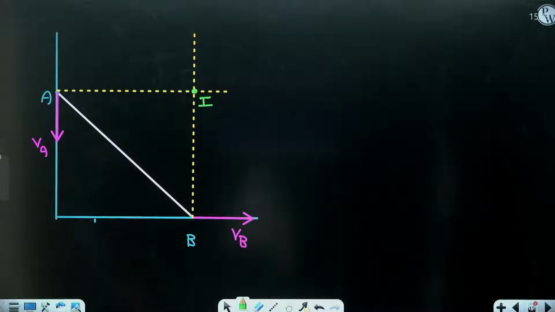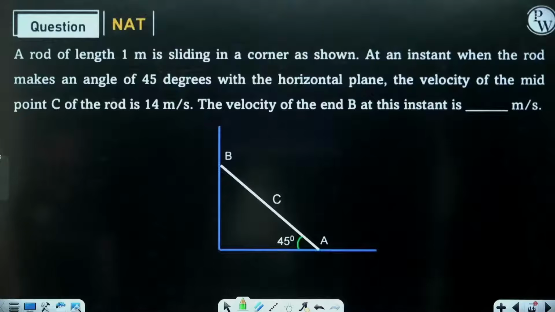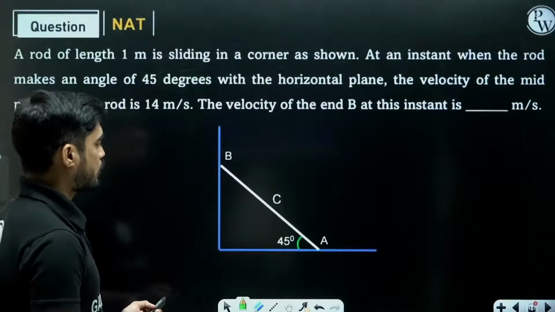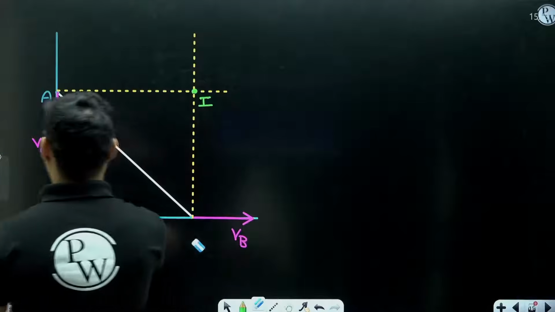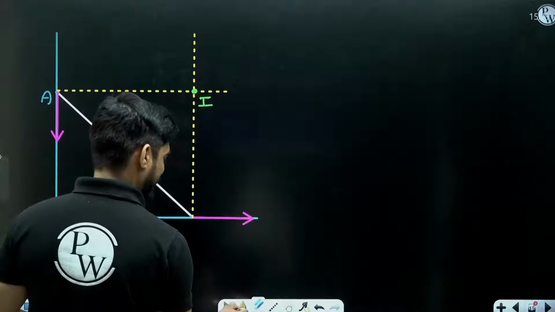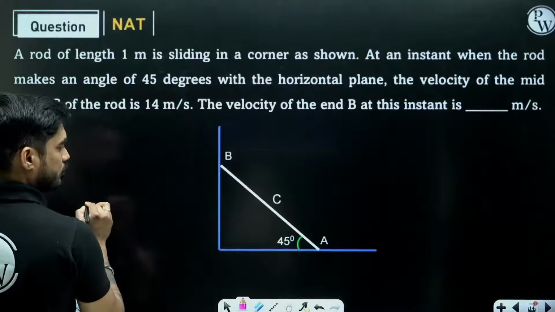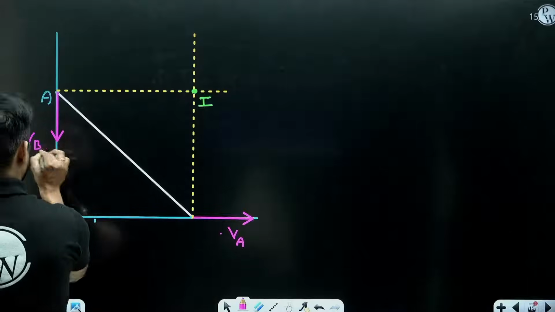Okay. Now they are asking you to find the velocity of point B. Okay, sorry. This is VA and this is VB.